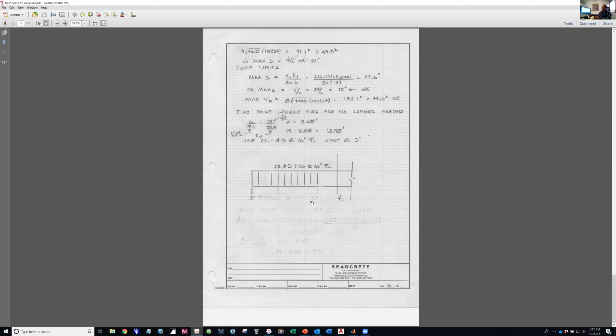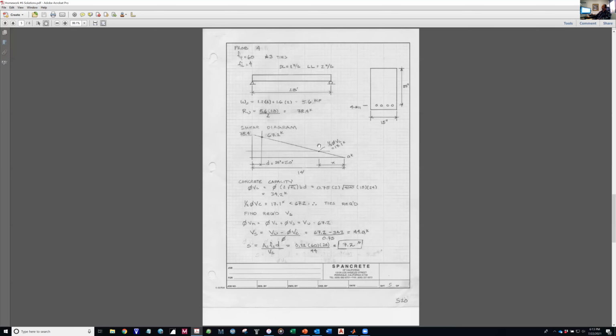Yeah, I found that I need ties for 10.95 feet as a minimum, and you can't go less than that. If you go less than, then you're going to stop your ties right over here someplace, and you'll have this region that violates code because you'll have too much shear to not have any ties. Yeah, you're technically missing some ties, right?